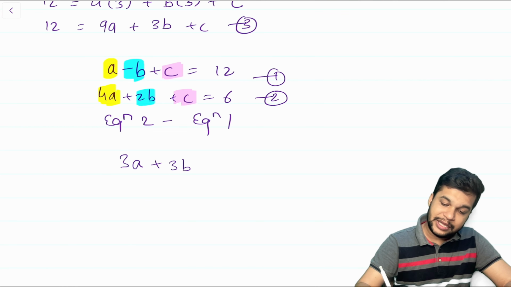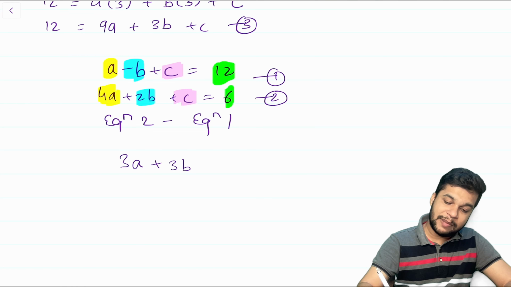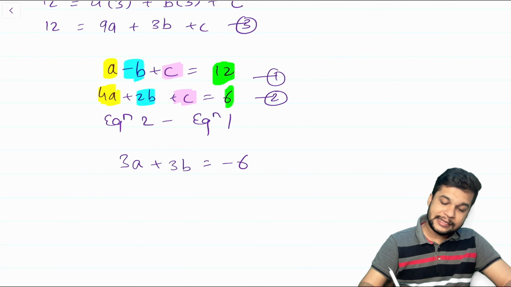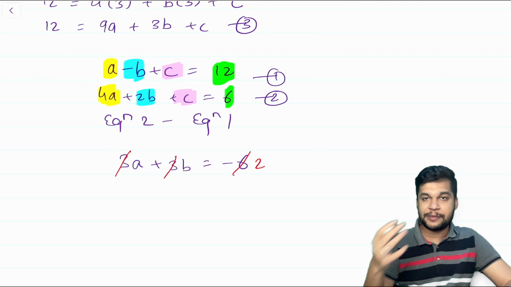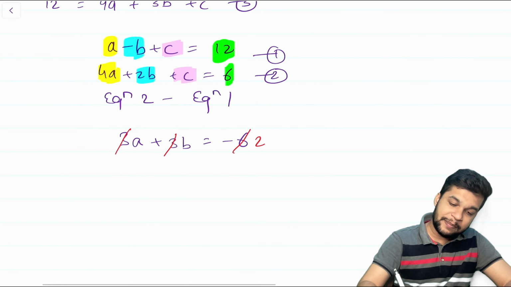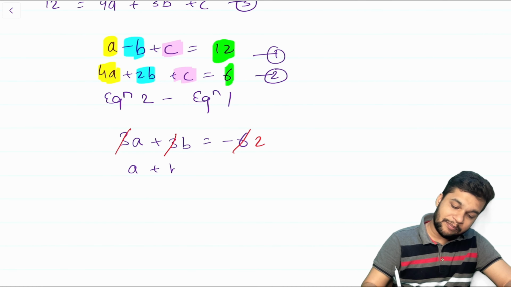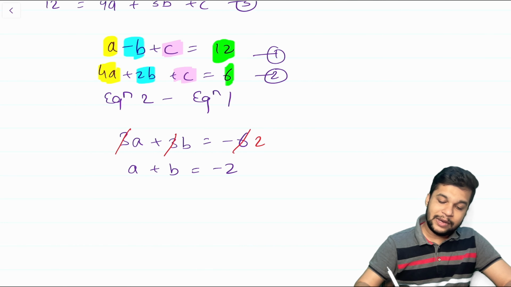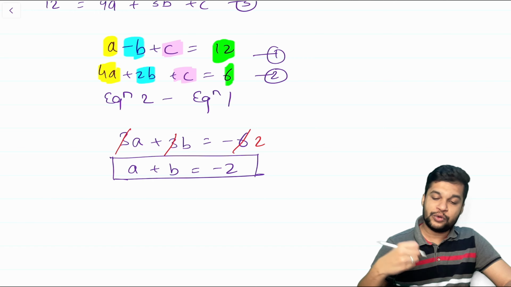And lastly 6 minus 12 will be minus 6. Now I can simplify by dividing by 3: 3 times 1 and 3 times 2. So basically it becomes a plus b equals negative 2. Let's say this is an equation that I'm going to use later.